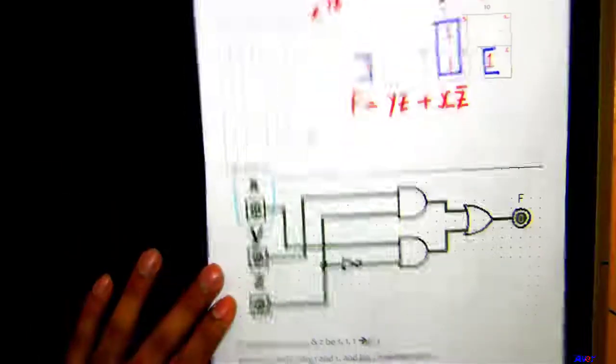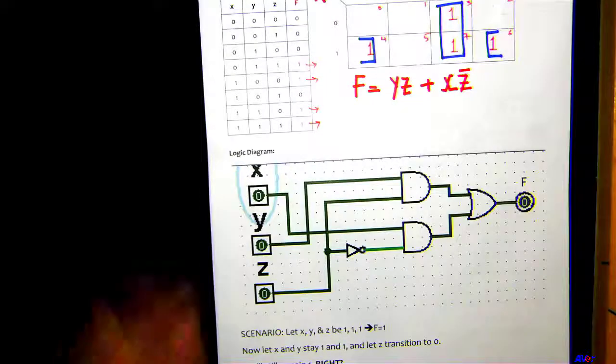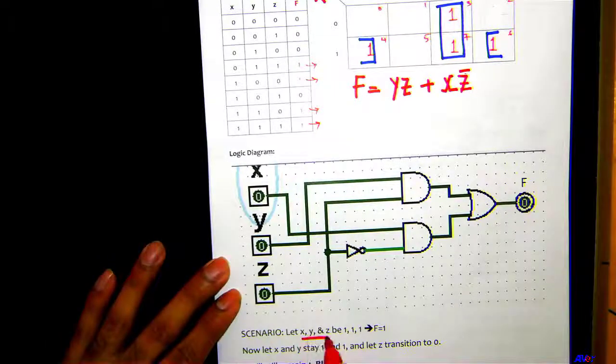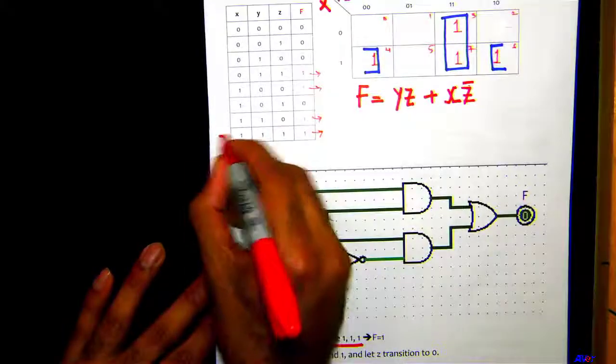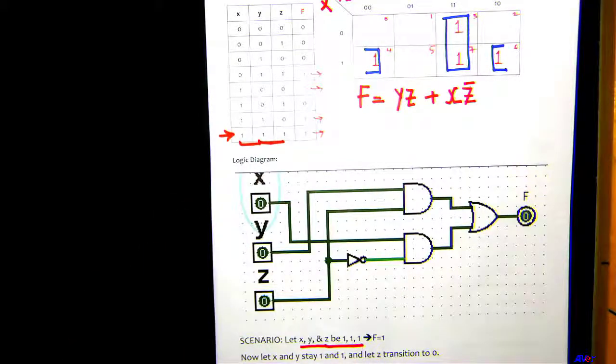Okay. I went ahead and made the combinational logic diagram for this example. And here we have a scenario where X, Y, and Z are all set to 1, meaning all 3 variables X, Y, Z are set to 1, and our output is 1, correct?